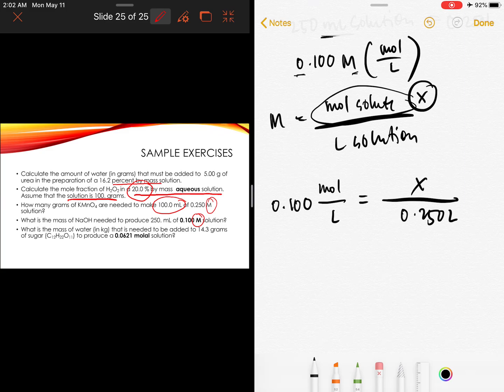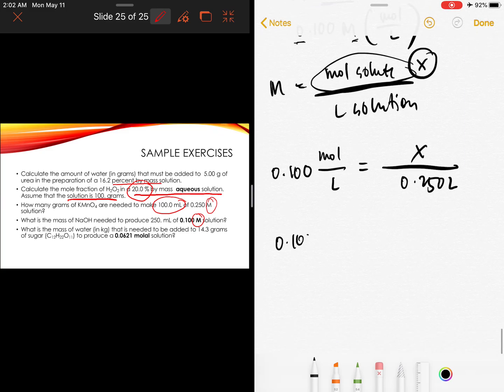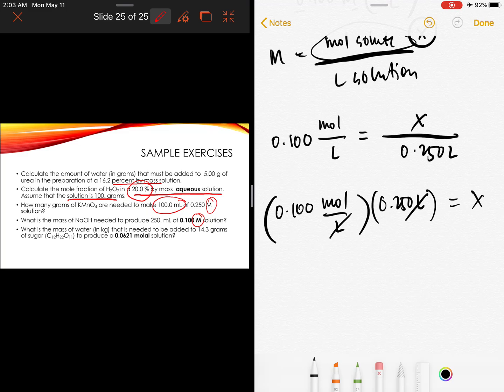So you simply cross multiply. 0.100 mole per liter multiplied by 0.250 liter is equal to x. The liters cancel out, and 0.250 multiplied by 0.1 is just 0.025. So x is equal to 0.025 moles.